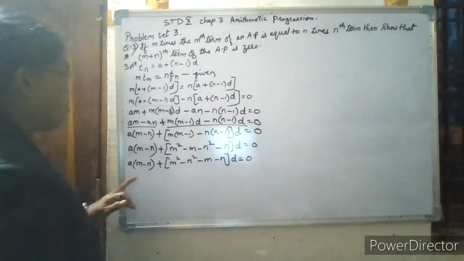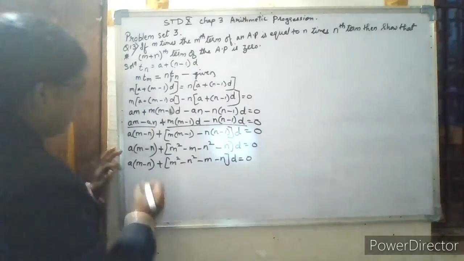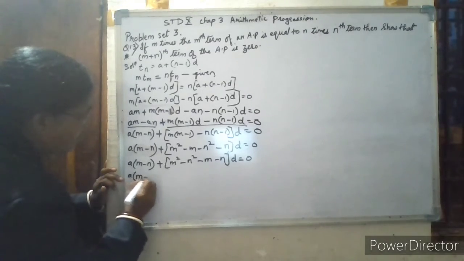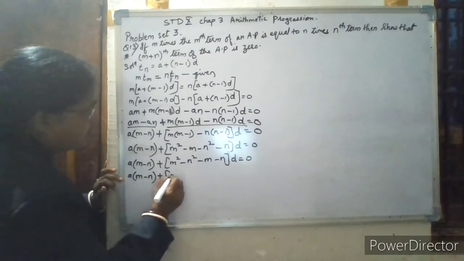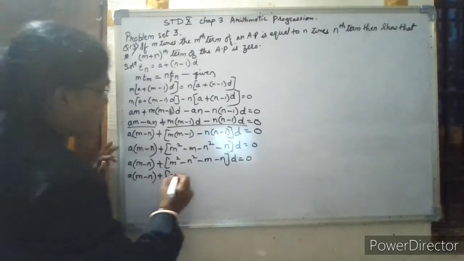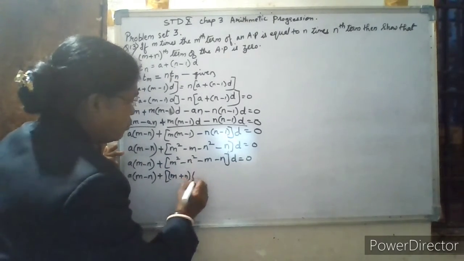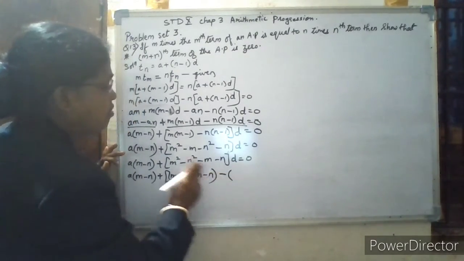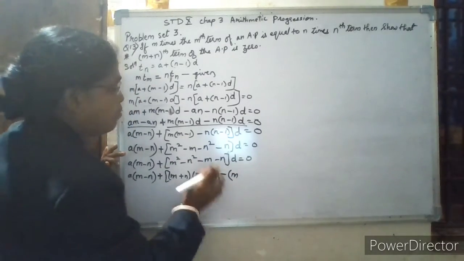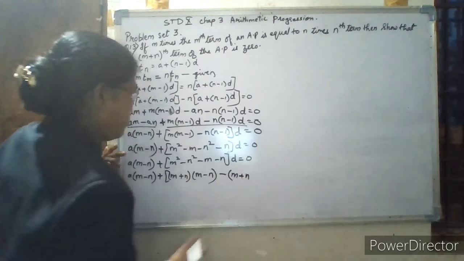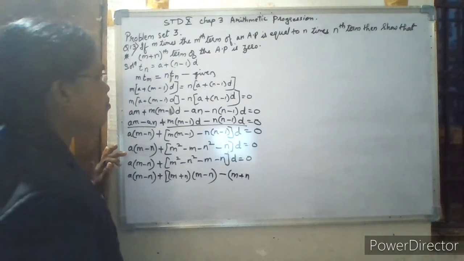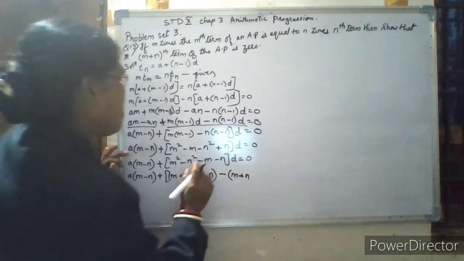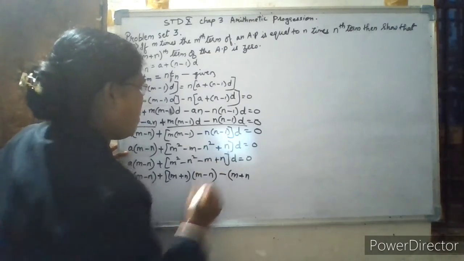Here this can be factorized as we have done in the previous question. A into m minus n, plus m square minus n square will give you m plus n into m minus n. Then minus, the common one you bring, that is minus m minus n, so this is plus n. Sorry, minus m, this is plus n.